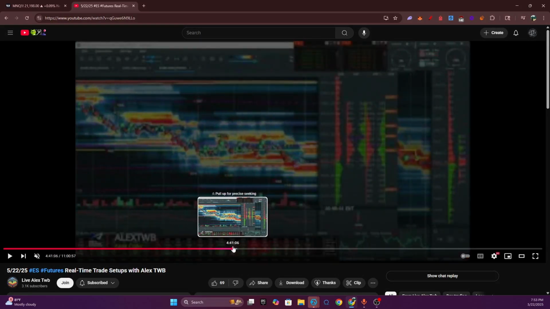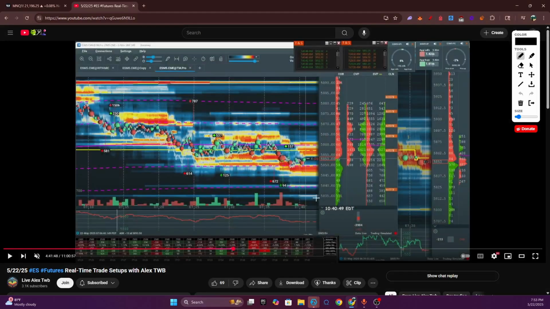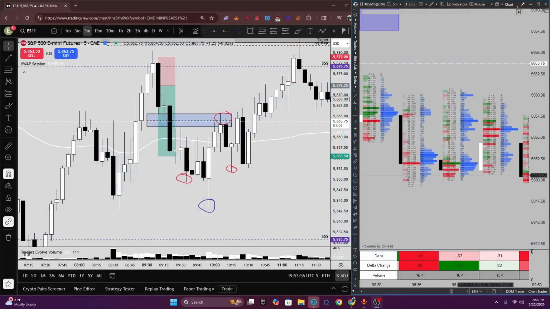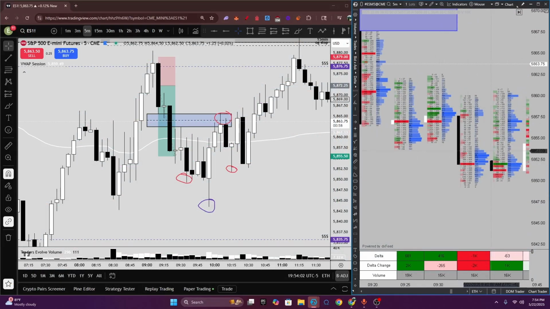And you could have noticed that, and you would have stayed flat here as well because we do have pretty significant selling at that level, and nothing, honestly, too significant for you to get long there because we are still trading from barrier to barrier, and it's within that 5 minute interval of trading. So you always want to be careful and such.